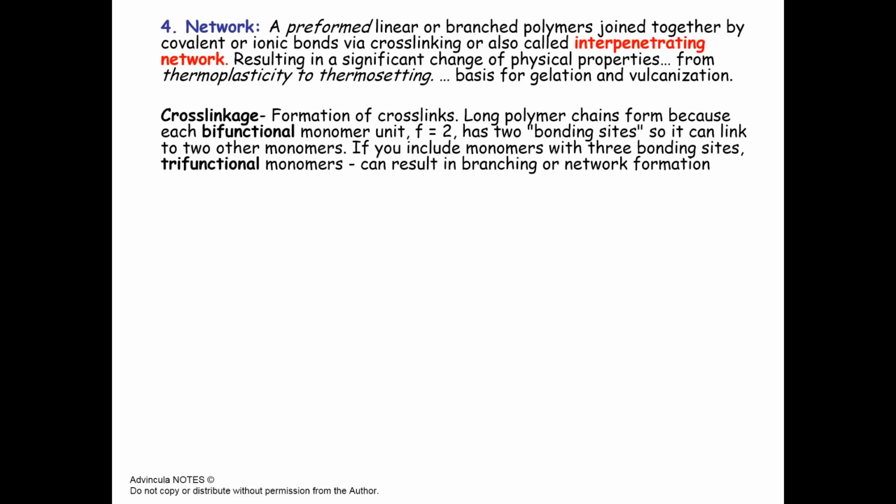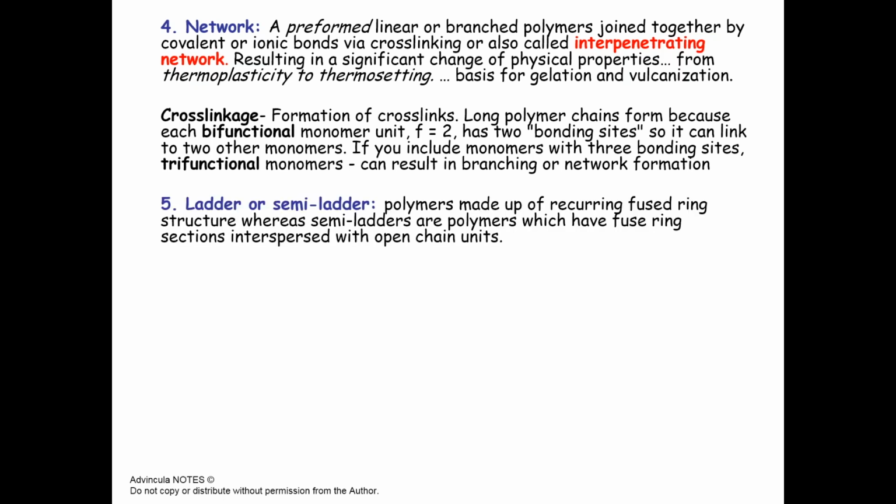Cross-linking is in fact a very important differentiation from linear polymers because the cross-linking reaction requires a functionality of more than two. So in order to have cross-linking and network formation, you need to have a functionality of three or more, or you need to have a polymer which is capable of reacting with another polymer chain to form a gel and eventually a thermoset material.